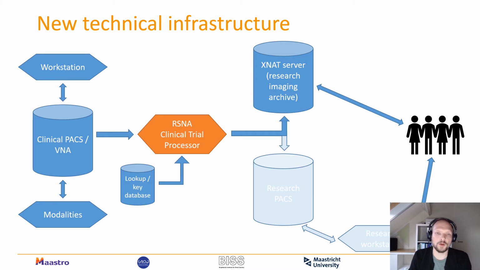So what we want to do in the upcoming future is replace this network drive, what we had over here, with an XNAT server, where XNAT is basically a web-based software package where people can define projects, upload their medical images and data into these projects, and share projects with other researchers, internally in this case, and where the researchers can use a REST API or web-based API to download these images and use them.